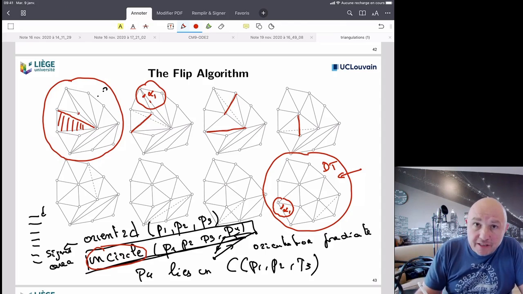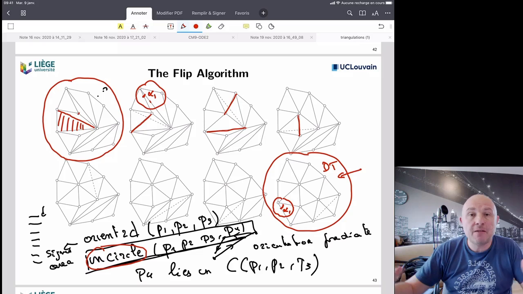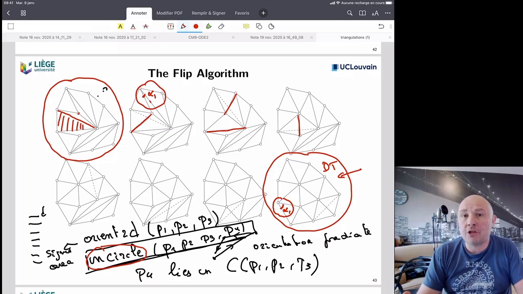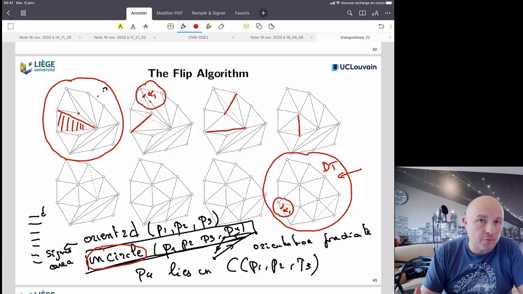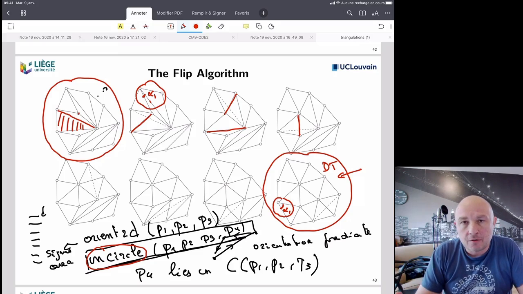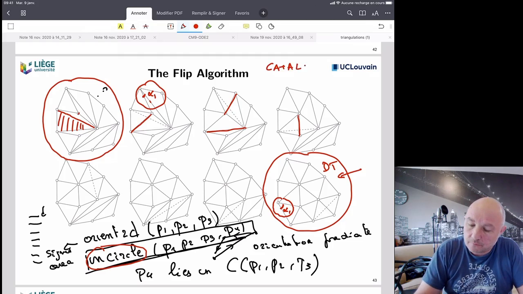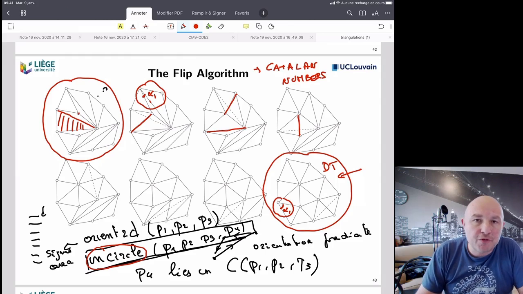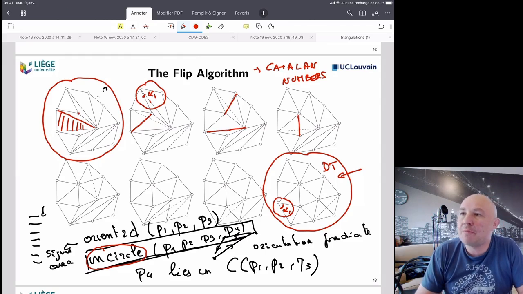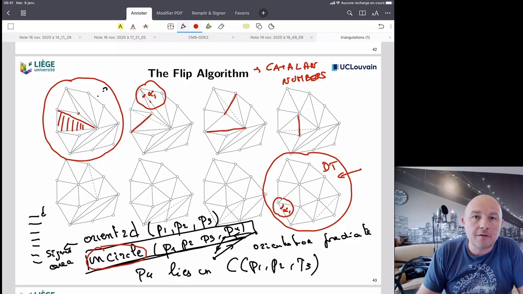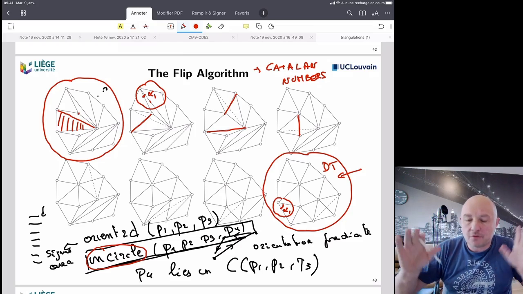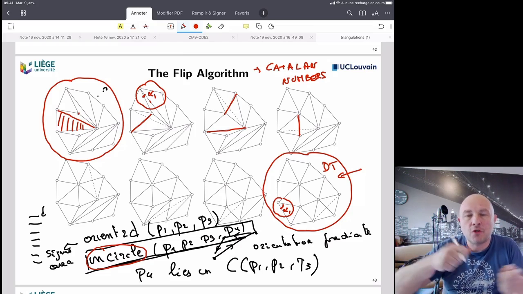It means that among all possible triangulations, and the number of triangulations is not infinite, it's combinatorial, related to what are called Catalan numbers, that tells you how many triangulations you have. Obviously it's not all possible combinations of 3 among n, because you cannot choose any triangle, since some overlap.